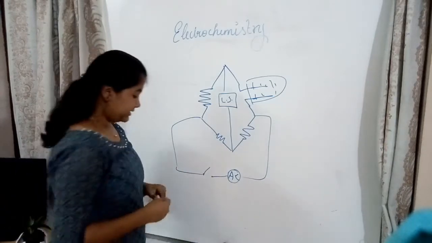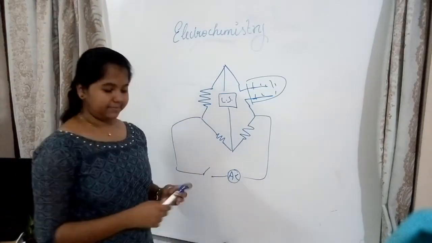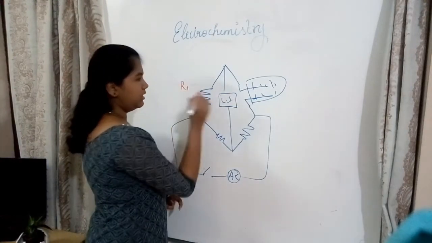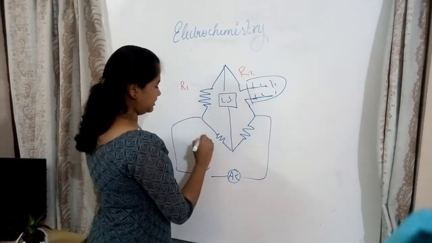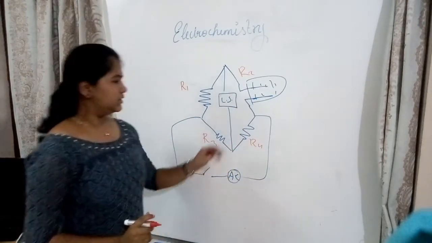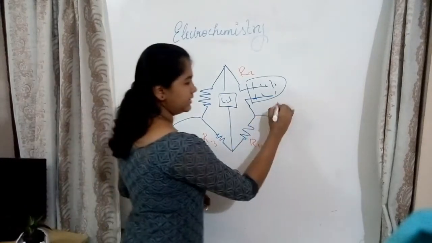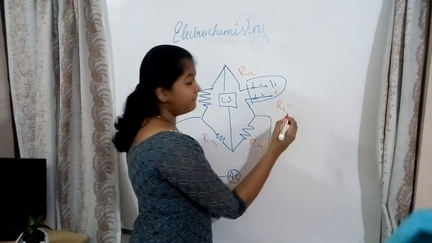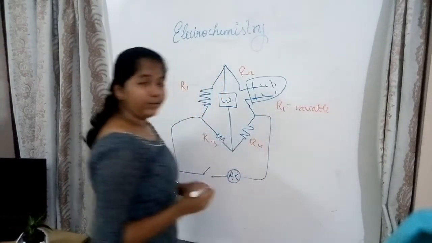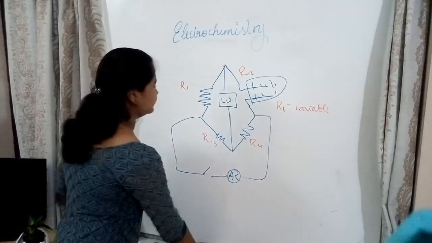Now let's see what these arms are. We'll name each arm. This arm is R1, this is R2, this is R3 and this is R4. R1 is a variable resistance. How do you represent a variable resistance?